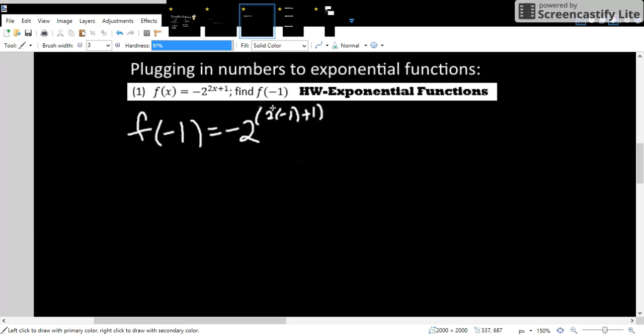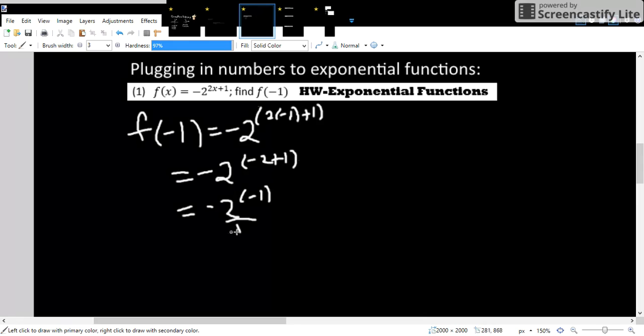We'll distribute the 2 and then combine like terms to get negative 2 to the negative 2 plus 1 power. That's the same thing as negative 2 to the negative 1 power. If you remember your exponential rules, when we have a negative exponent, we just flip the fraction and the negative turns into a positive.